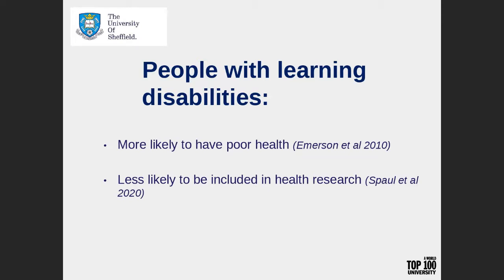So this review was of all the past and present studies in their portfolio. That's over 26,000 studies. And the review found that 60.3% of all those studies excluded people with learning disabilities. And only 1.4% of those studies were specifically related to learning disability. And that's something that clearly needs to change.